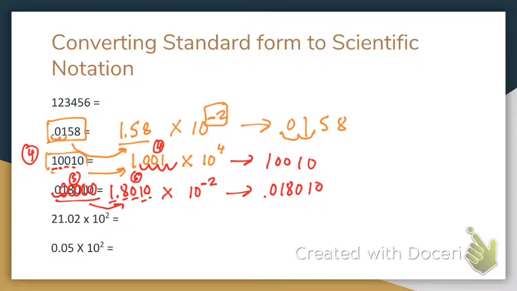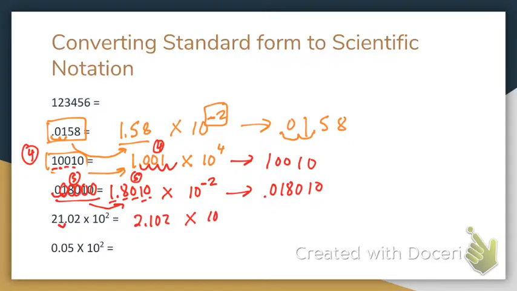All right, 21.02 times 10 to the second. Now you'll notice that this is incorrect scientific notation, so I need to convert it into correct scientific notation. The way I turn it is, I'll have to move it over 1, right? Okay, so now it becomes 2.102 times 10.